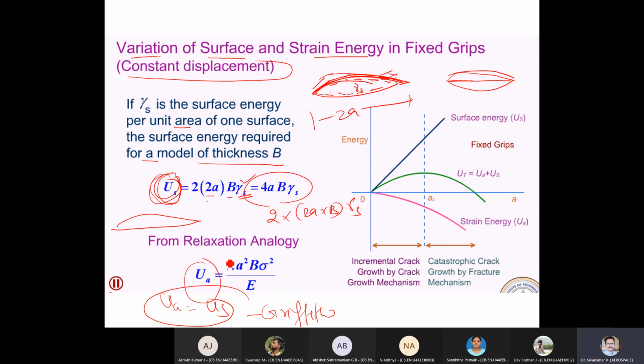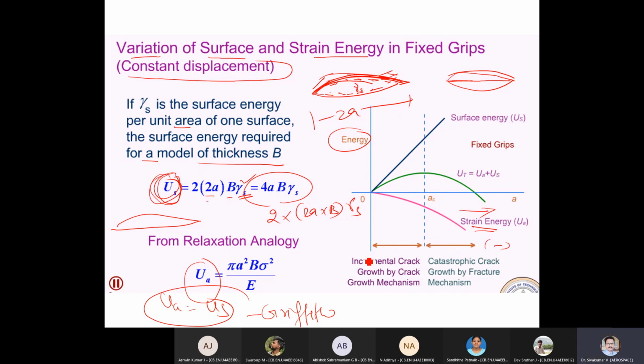If you see the variation, this is the energy Y, and this is the crack length. The strain energy UA is negative, that is why it is in the bottom.